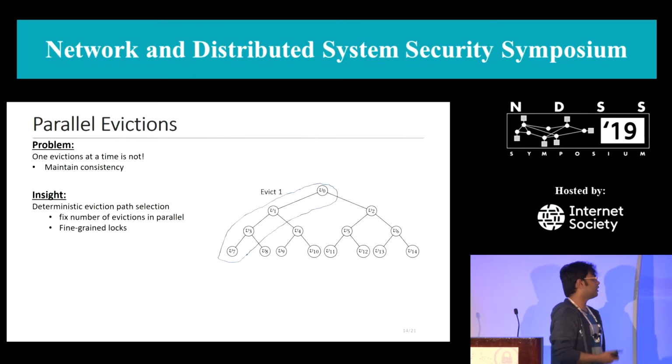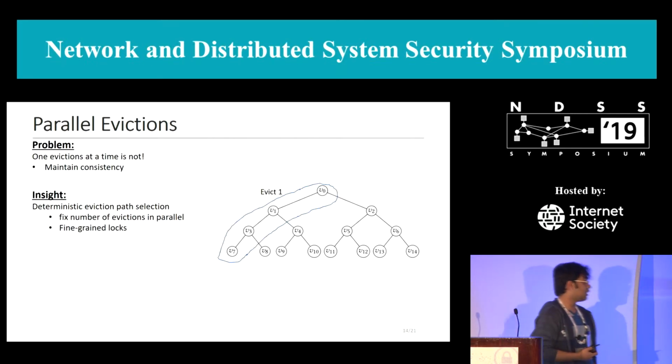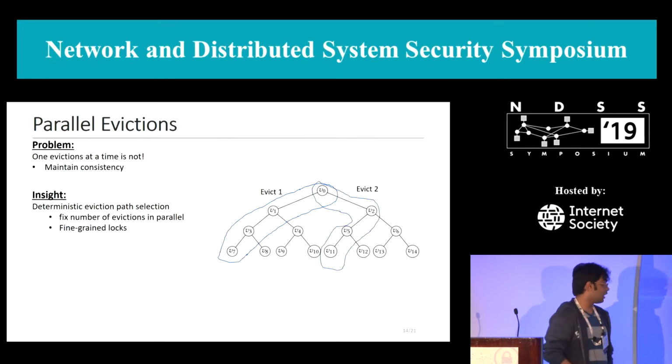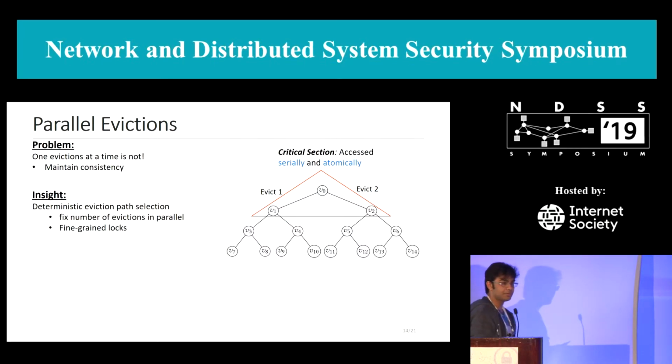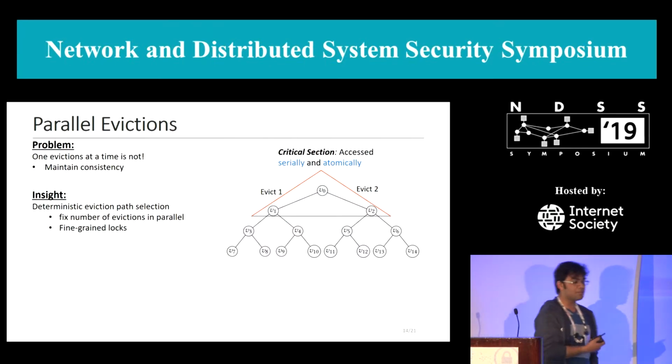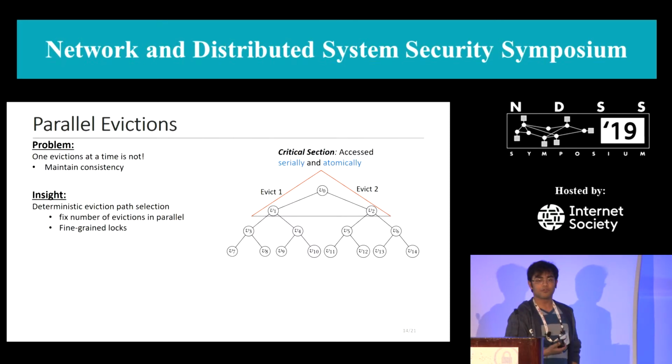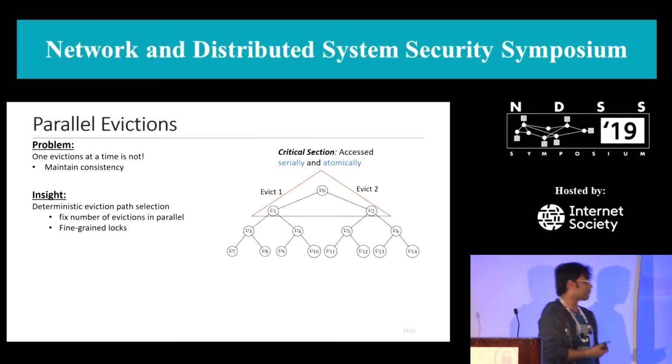So for example, the first eviction is to this path, and the next eviction is deterministically going to be to this other path. Then deterministically you know that these paths will overlap in this upper subtree. So all these accesses in this upper subtree can actually be performed with fine-grained locks, while the accesses to the rest of the path can be performed in parallel.